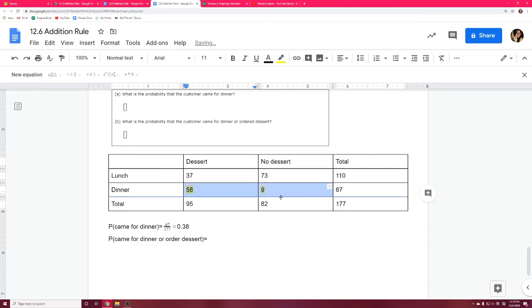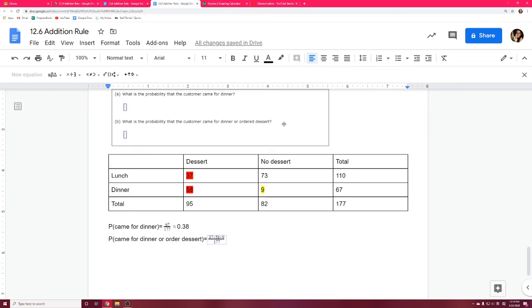This is my people who came for dinner. Or ordered dessert, and those are the people who ordered dessert. So we're going to add all the colored ones together, which is whatever we have on the top. So 37 plus 58 plus 9 divided by 177.